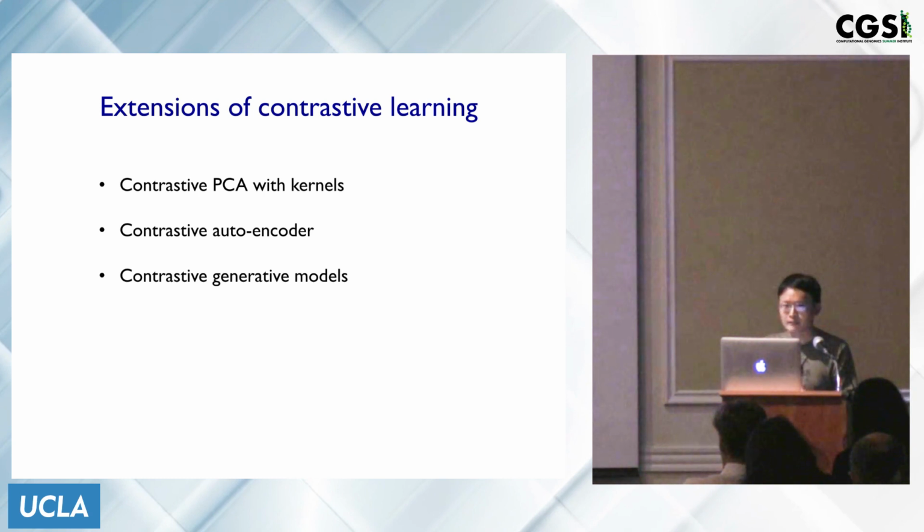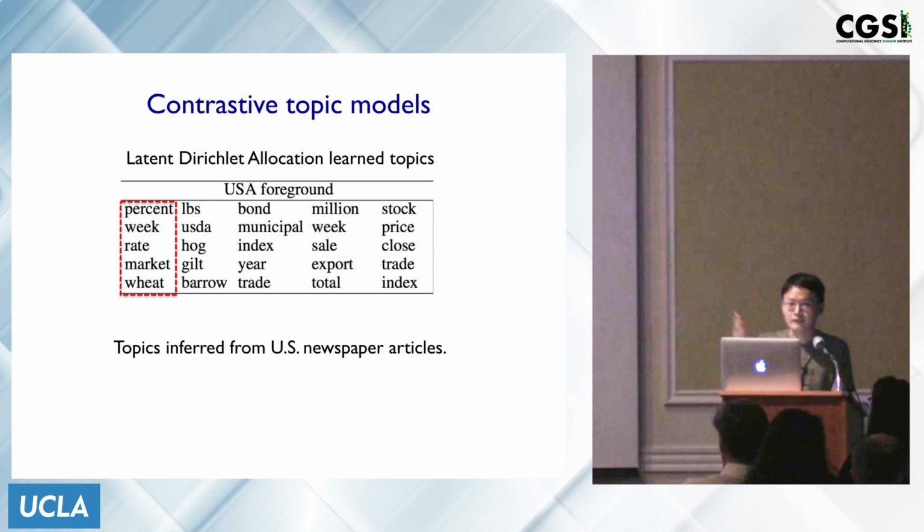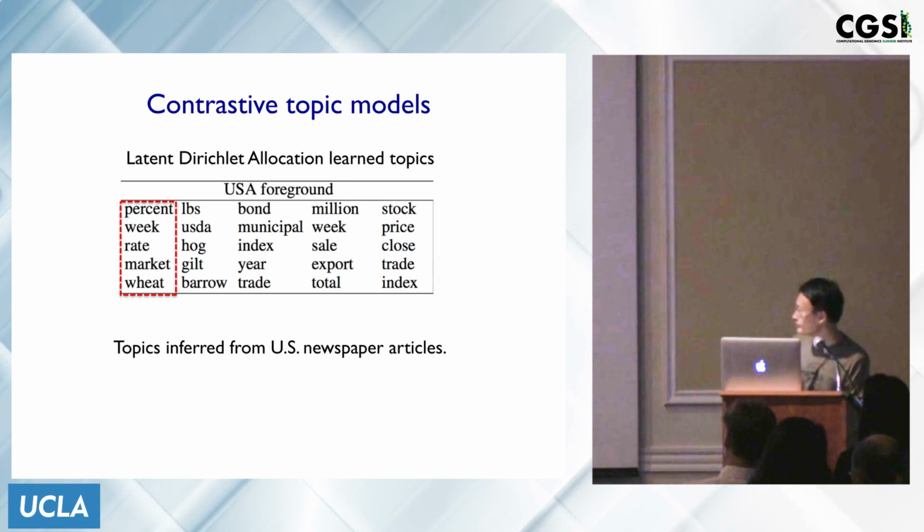So just one quick example of the third point, how do we do contrastive learning with generative models? Here's what we're calling contrastive topic models. The idea here is that if I have a regular data set, I can fit a topic model or a latent Dirichlet allocation LDA model. We had a talk earlier about these LDA models.